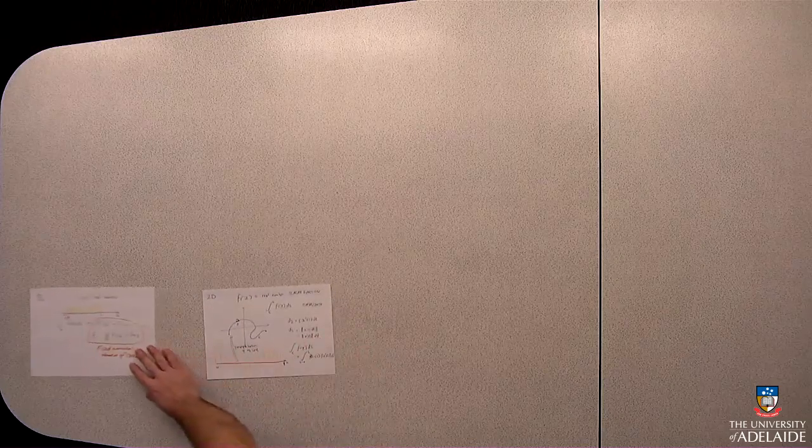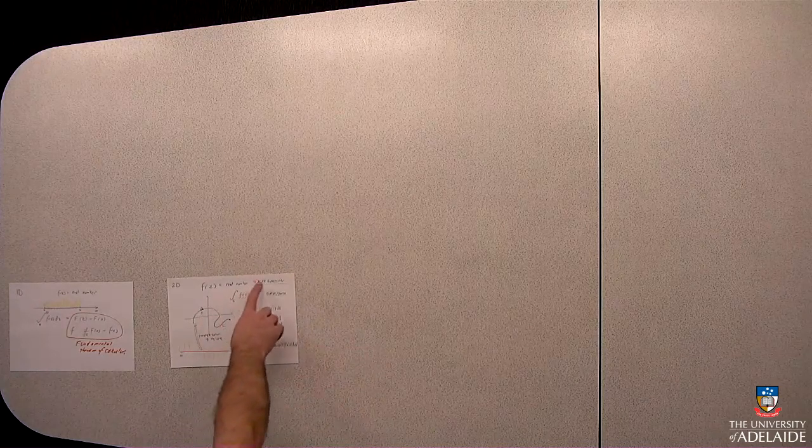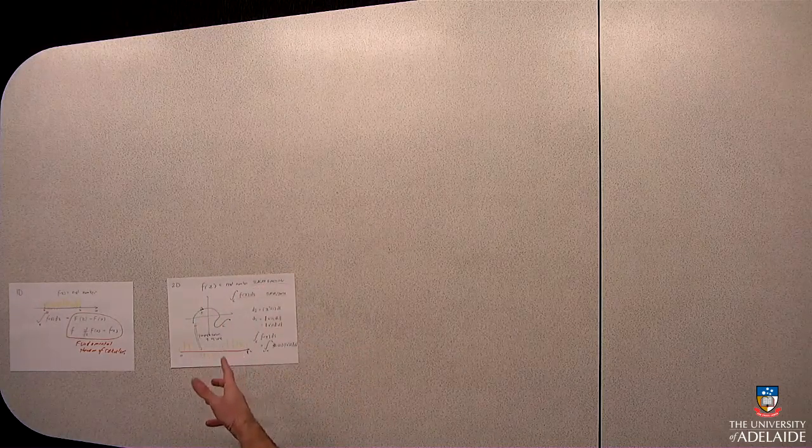Vectors in R1 are just numbers. And then in 2D, we had curves. We could do an integral of a scalar function across a curve. And we could also do a scalar function across an area.